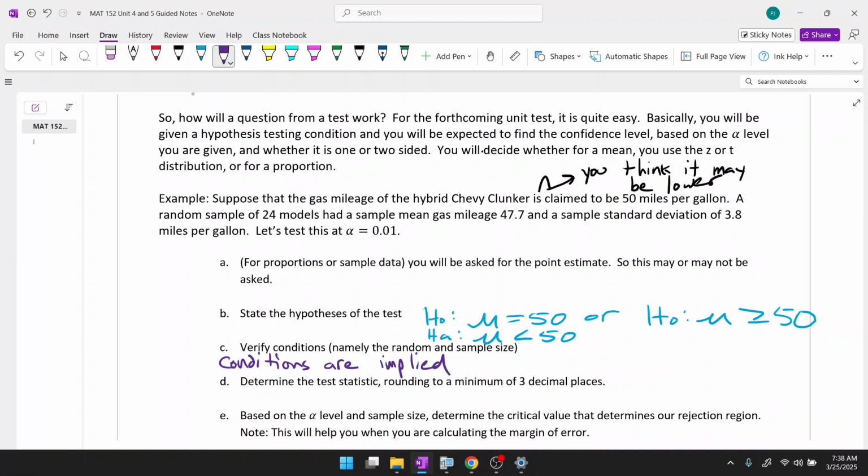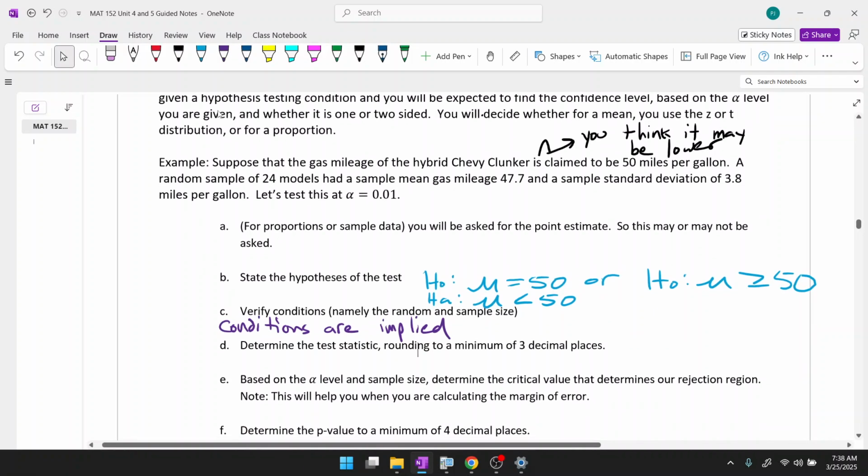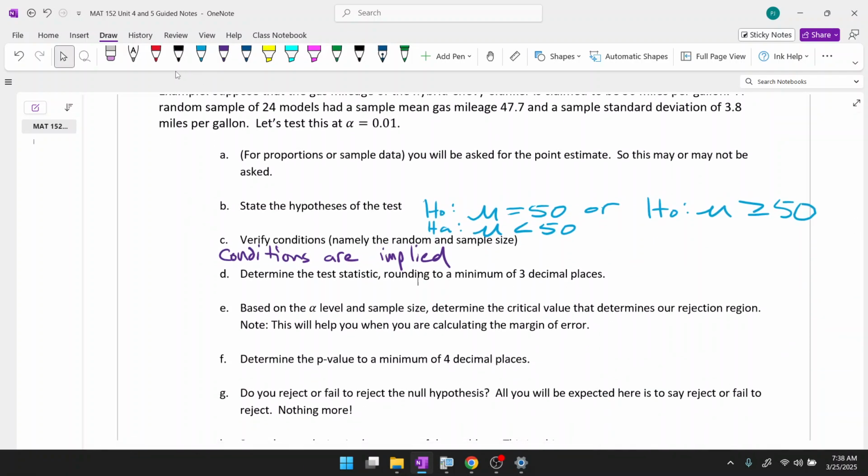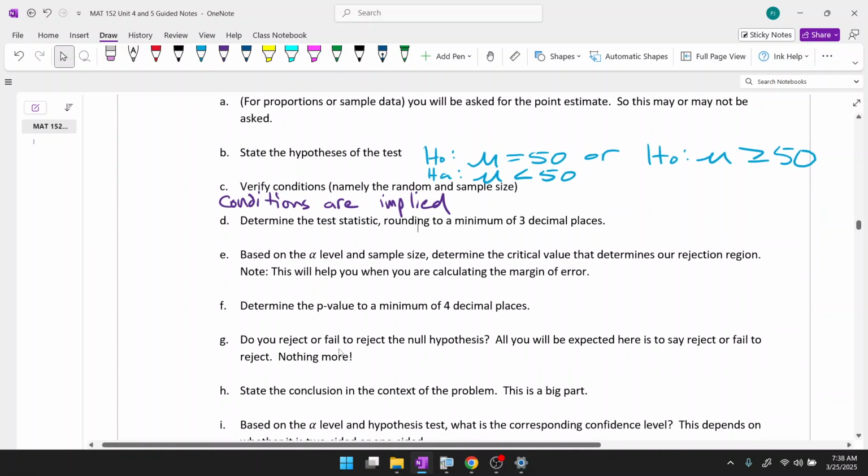We determine the test statistic, rounding that to a minimum of 3 decimals, and we find the critical value that determines our rejection region. And we determine the p-value, and based on the p-value and the critical value, you decide whether to reject or fail to reject the null. It's kind of redundant because you'll reject or fail to reject using both methods.